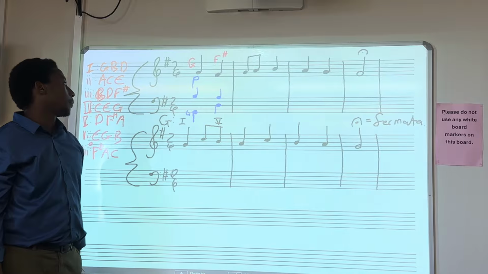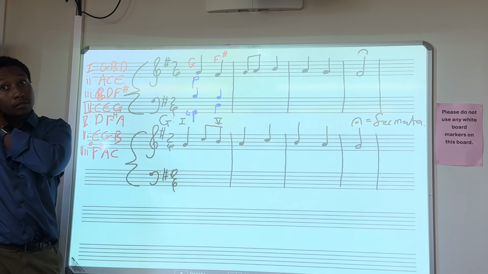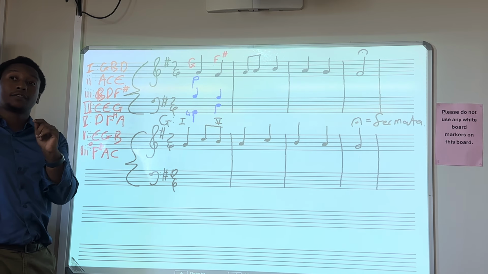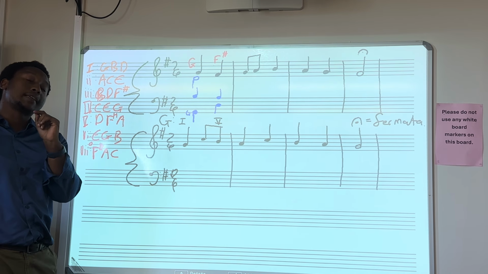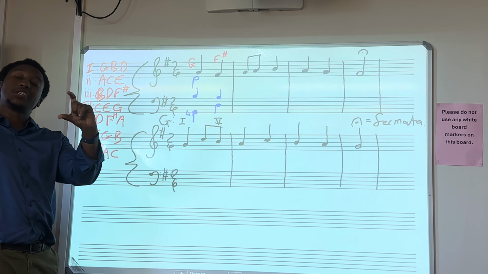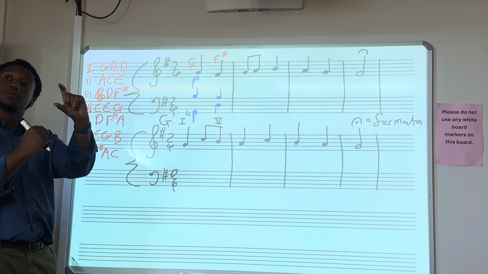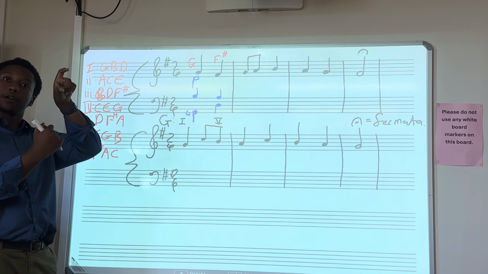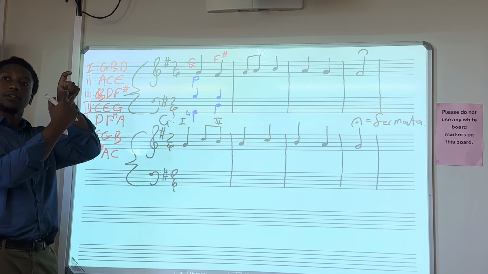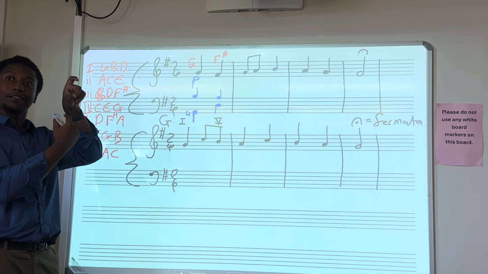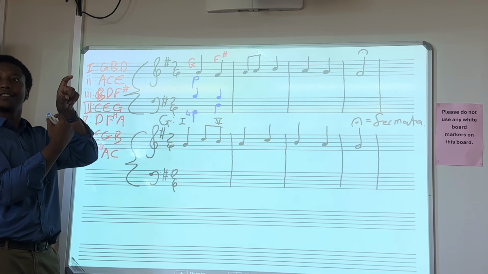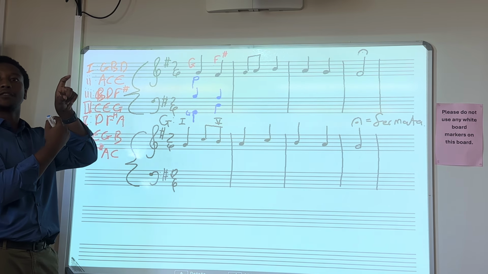Bass goes up. Now please note, consecutive fifths or parallel fifths don't only exist between adjacent voices. They can also exist when there's a voice in between. So when you have a soprano here, alto, tenor, you can still move parallel in soprano and tenor. So watch that as well, but I won't mark it wrong.